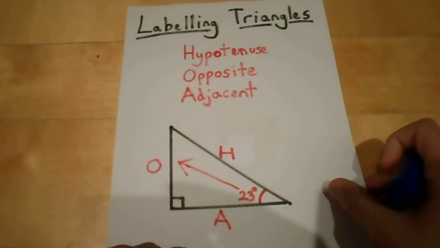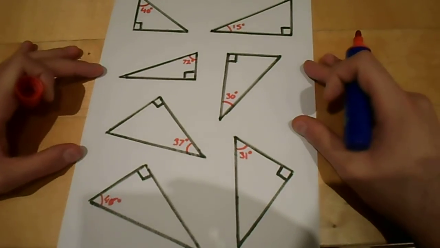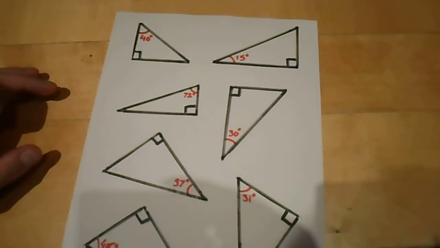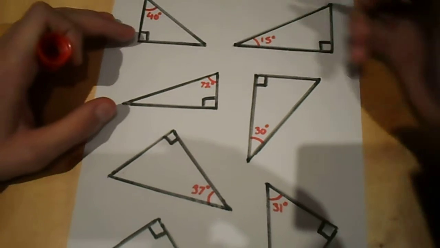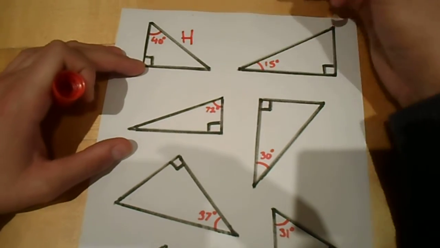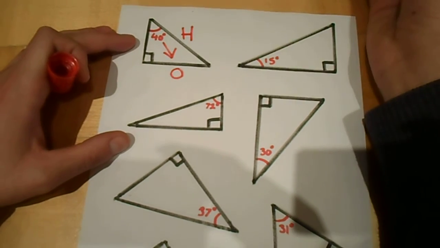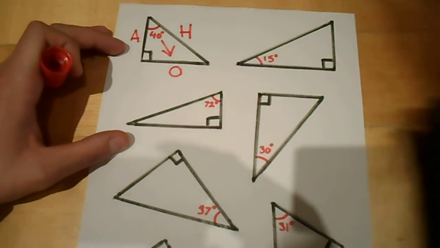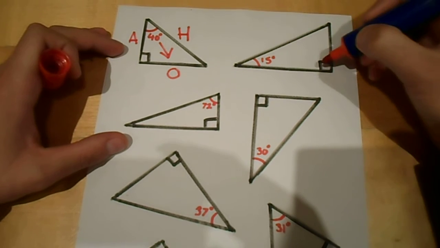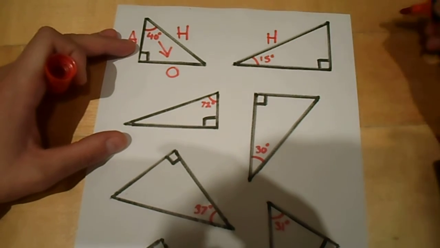Now, all that I'm going to do is I'm going to show you a whole bunch of examples for this to demonstrate. So here, longest side is the hypotenuse, opposite my angle, and therefore I'm left with the adjacent. And here again, I've got my longest side.